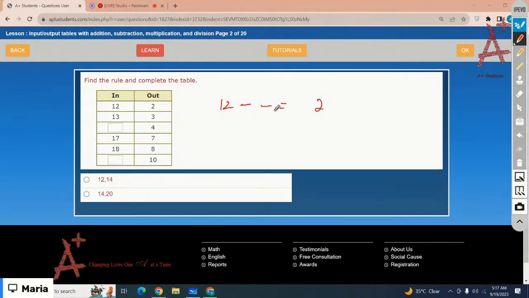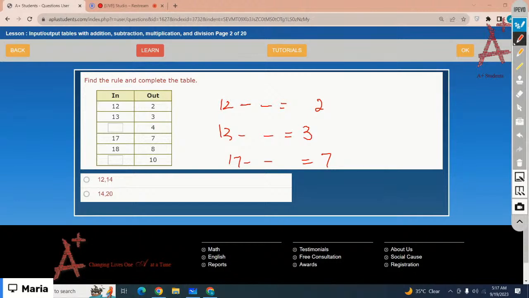12 subtract what number is 2? 13 subtract what number is 3? 17 subtract what number is 7? That means you are subtracting. Which number is it? It is 10.